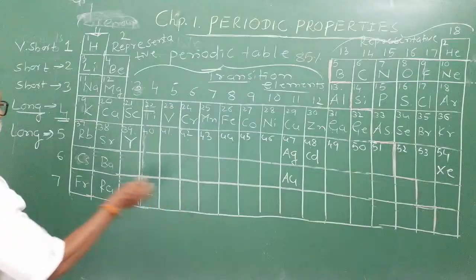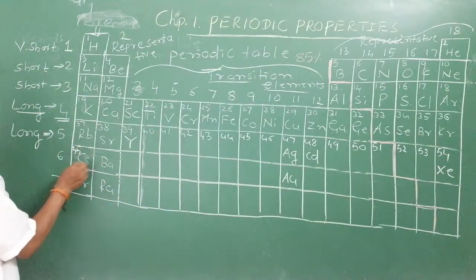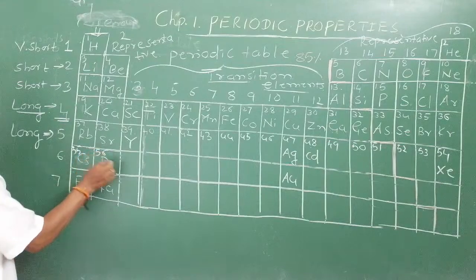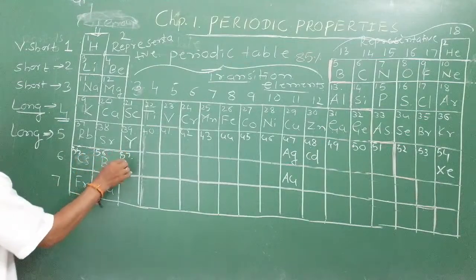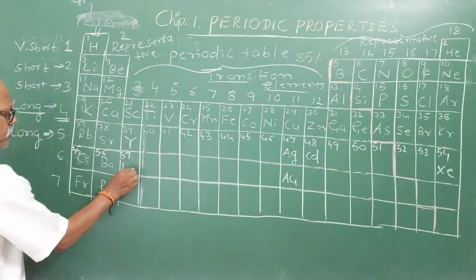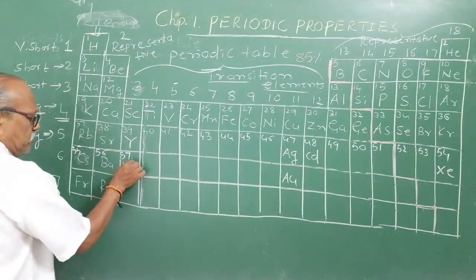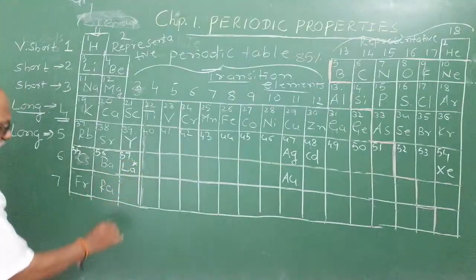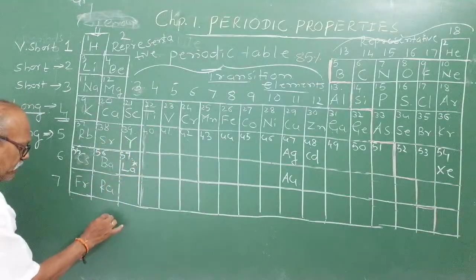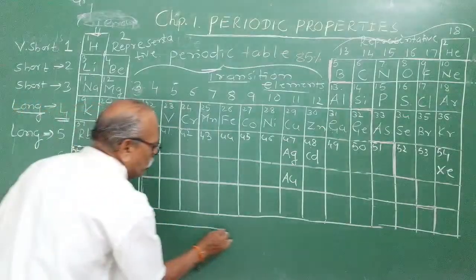Then comes 55, the sixth period, cesium, 56 is barium, 57, you observe carefully here. The 57th element in the periodic table is lanthanum. Observe here. After lanthanum, the 58th element onward is cut from the main table and placed separately at the bottom.